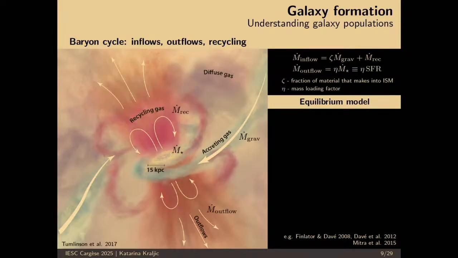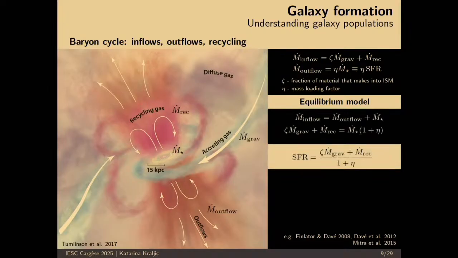Now, in terms of what is leaving the galaxy, the outflow is related to the star formation rate: you produce the stars and then you generate these outflows. The way to parameterize it is through this eta, the so-called mass loading factor, which is essentially just the outflow rate divided by the star formation rate. Now we can write this all together. In equilibrium, you have the inflow on one side.